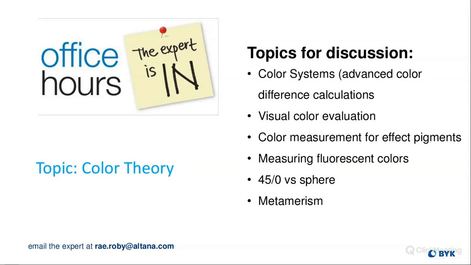So for the 45-0 and the sphere instrument, because they're both non-directional, how the instrument's positioned isn't as big of a deal as on a multi-angle instrument, for metallic flakes and stuff like that, because the color flakes really affect your measurements if you're not holding the instrument in the same position all the time.